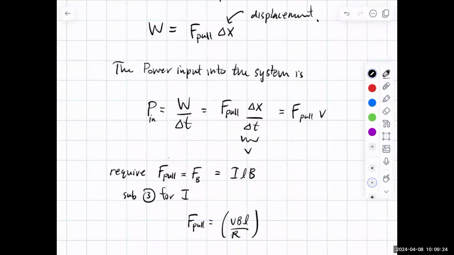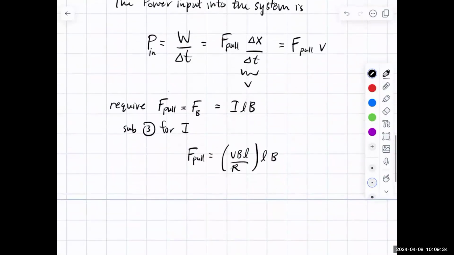It's the EMF, or the voltage difference, divided by the resistance is the current. And then we have L times B. So therefore, power in is going to be equal to F pull, VBL divided by R times LB.